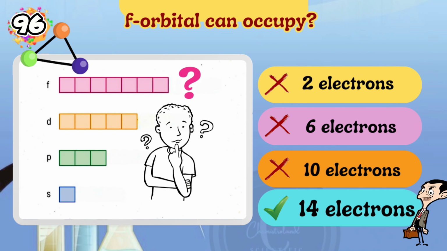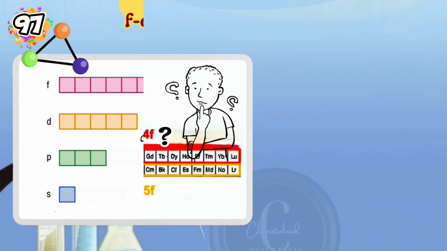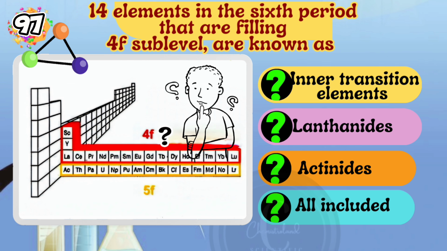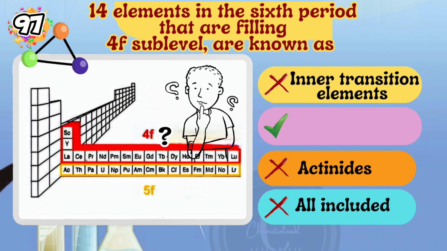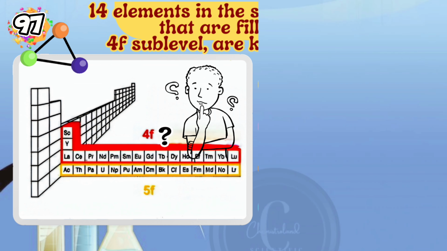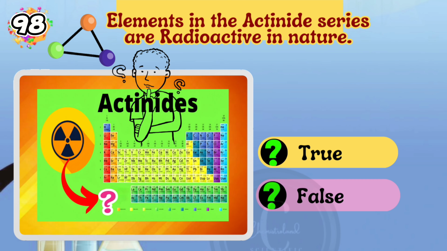It can occupy 14 electrons. 14 elements in the sixth period that are filling 4F sublevel are known as lanthanides. Elements in the actinide series are radioactive in nature. Are you agreed with this statement?